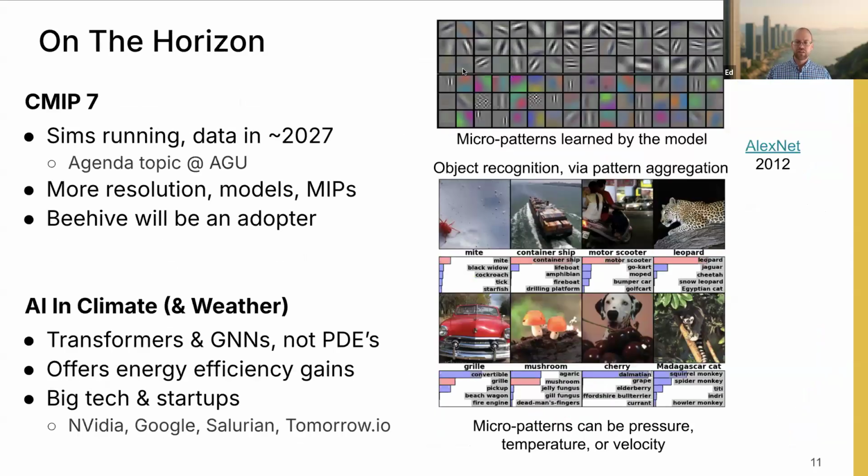And I'm just going to spend a slide at the end here before we go to more questions on what's on the horizon in this space. So climate modeling is very slow moving, but CMIP 7 is coming down the pipeline. Simulations are probably running right now. It's not always clear exactly what the status is, but data is expected soon enough that they're very much in the works.